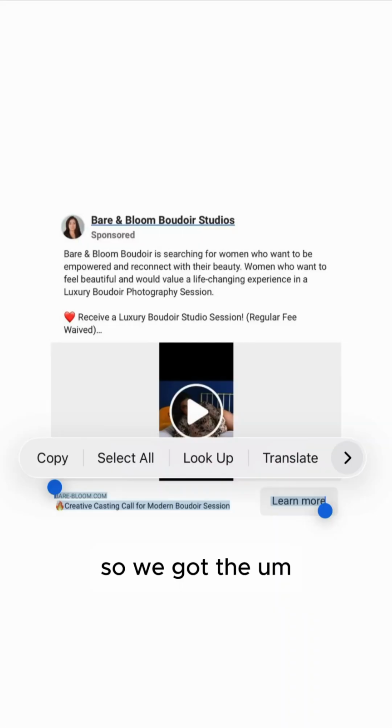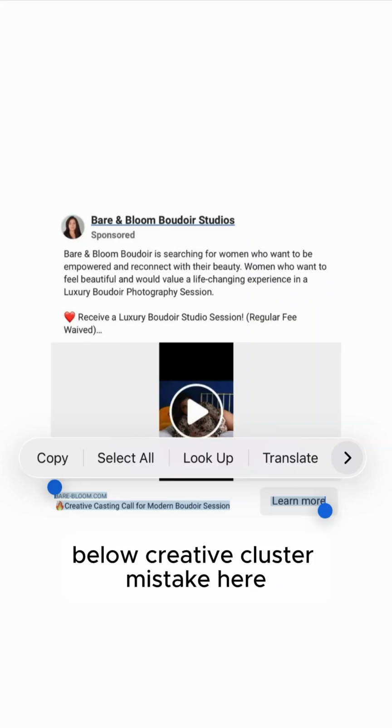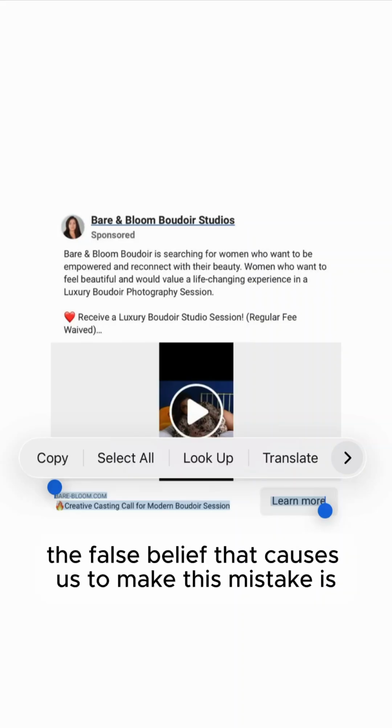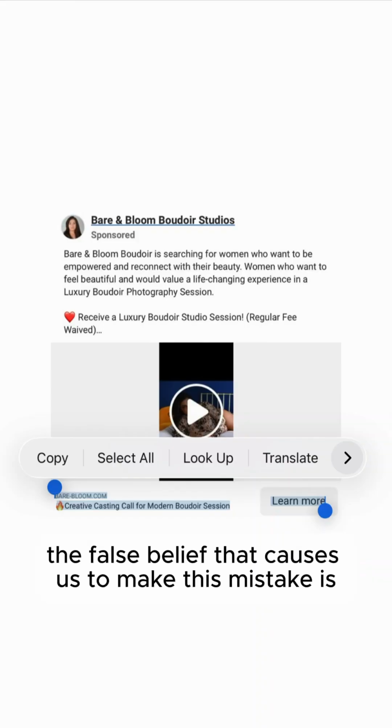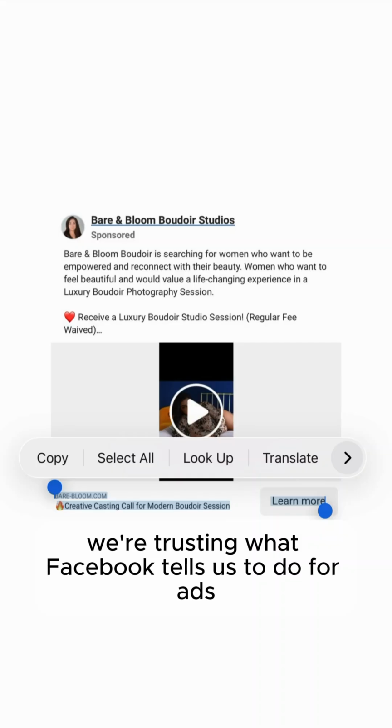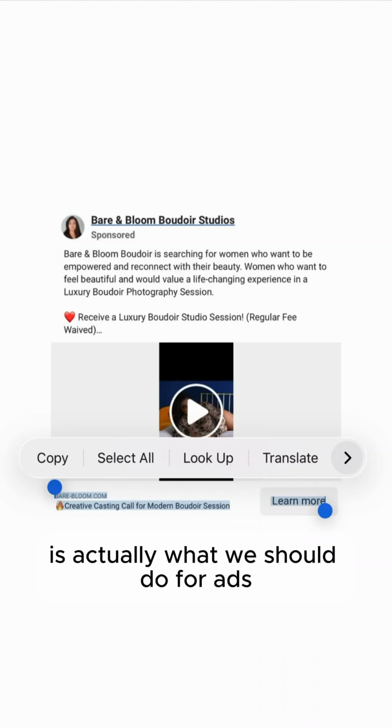So we've got the below creative cluster mistake here. The false belief that caused us to make this mistake is that we're trusting that what Facebook tells us to do for our ad is actually what we should do, what we should fill out.